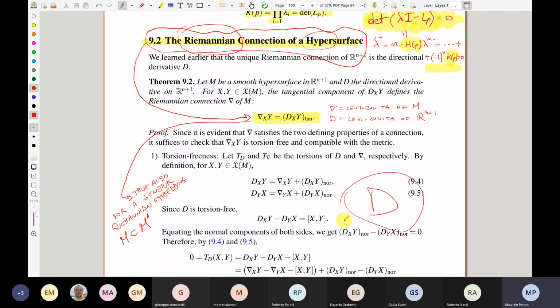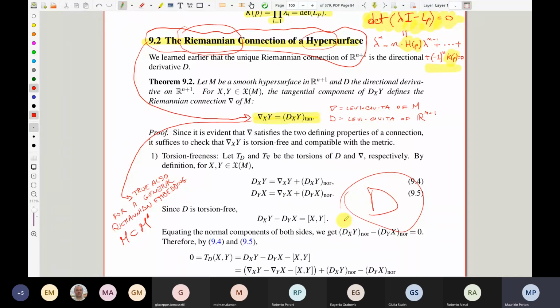And on this submanifold of R^(n+1), I'm considering the induced metric. You see, this title is actually three pages of notions.